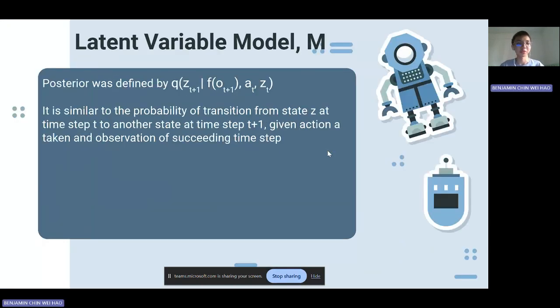The posterior is defined by this probability, and it is similar to the probability of transition from state z at time step t to another state at time step t plus 1, given the action a was taken and the observation of the succeeding time step encoded by the deterministic function f.